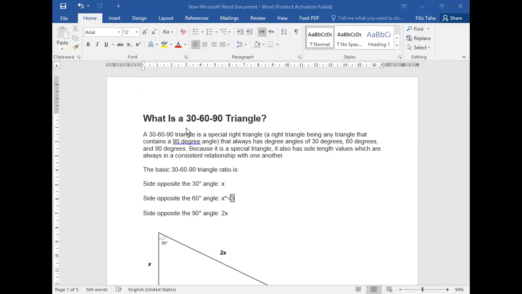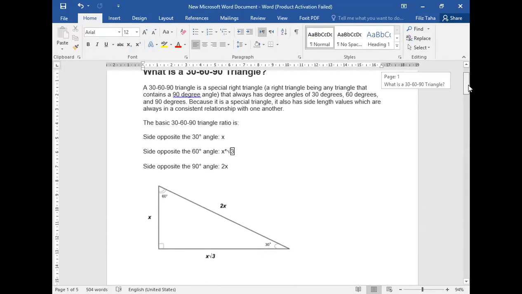We know already that the sum of the measures of the angles inside any triangle is 180. So once we have 90 degrees, 30, and 60, we have specific ratios between the sides.